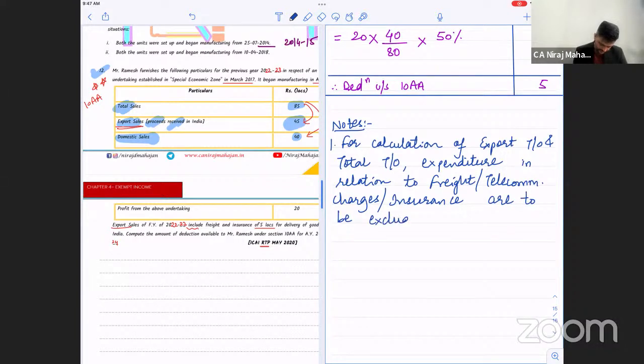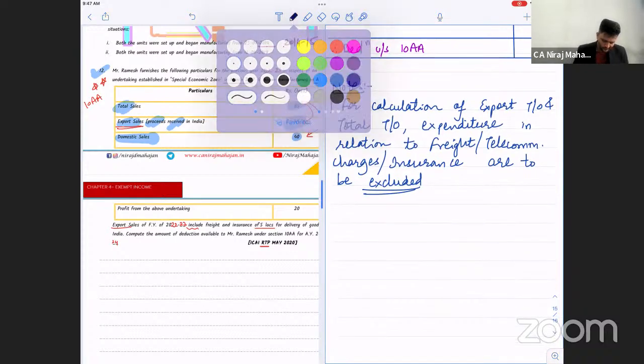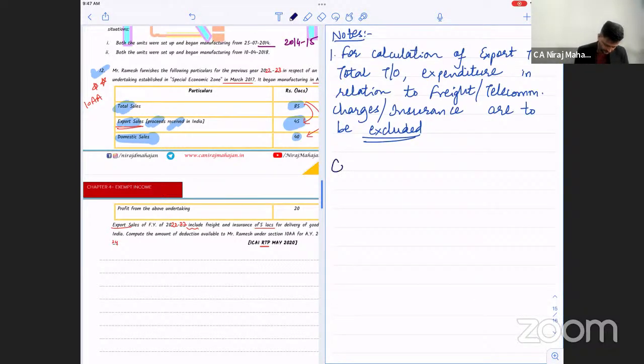Clear till here? Are to be excluded. So next line, calculation of export and total turnover.